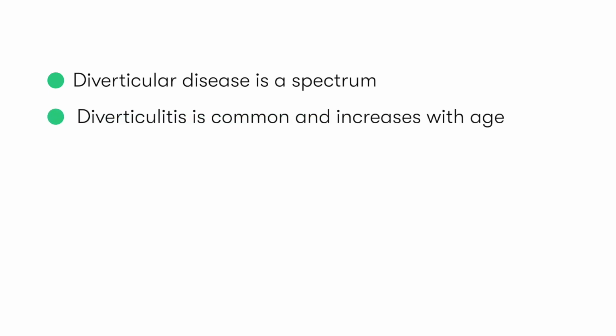In summary of what we've covered in this tutorial, diverticular disease is a spectrum, ranging from the presence of asymptomatic diverticula to active inflammation, as with diverticulitis. Diverticulitis is very common, and its incidence increases as we get older. Our investigation of choice in the acute phase of diverticulitis is CT, which also allows us to stage the severity of the disease using the Hinchey classification.